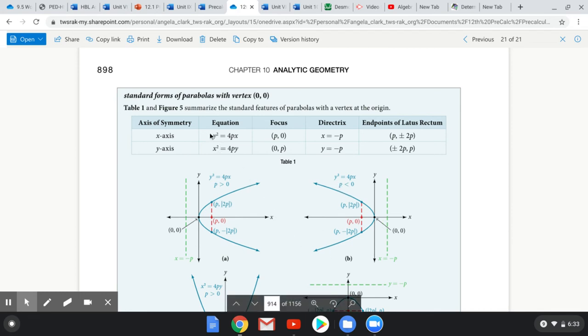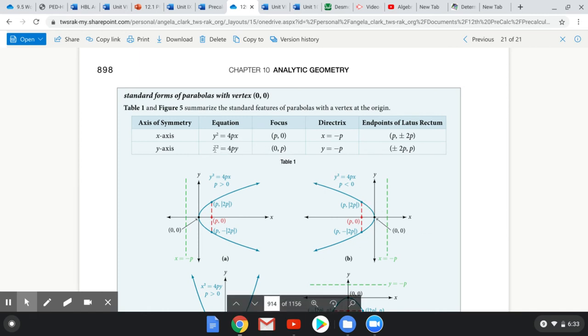So if y is what is squared, we're going to be facing right if it's positive p, left if it's negative p. So if I had y squared equals negative something x, that's going to be my left-facing parabola.